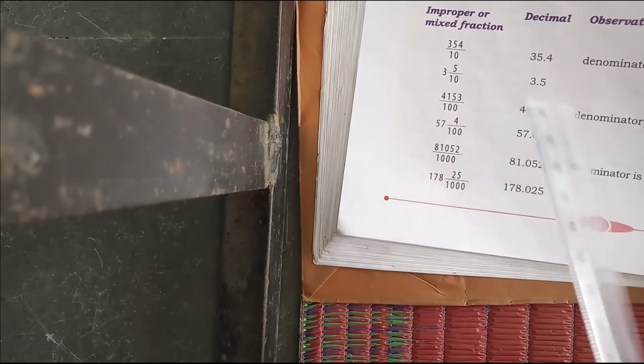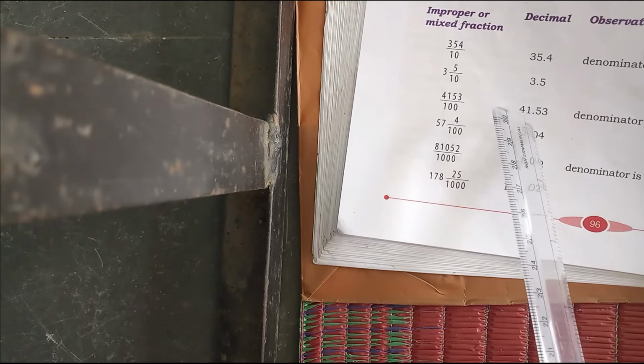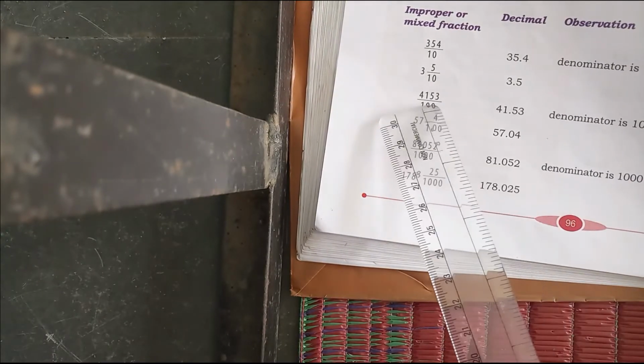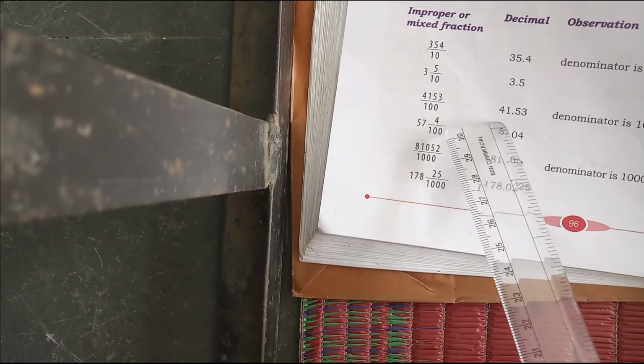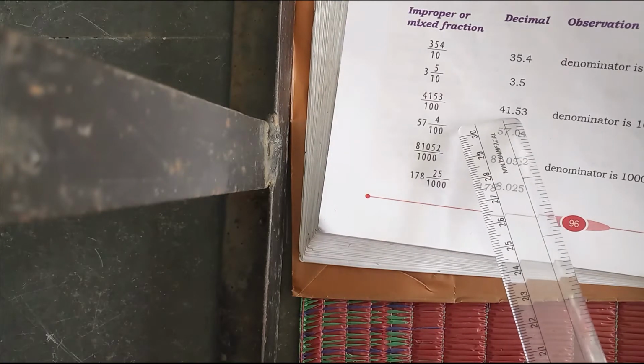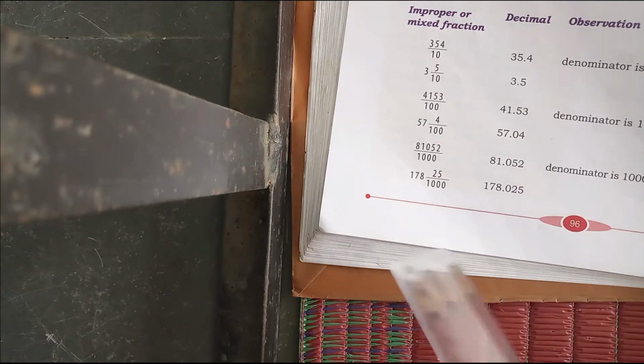From right to left, take 3, 5 and put 1 dot as a decimal point. Now we will read it as 4153 divided by 100. It comes as 41.53. Likewise, the rest of the sums you read.